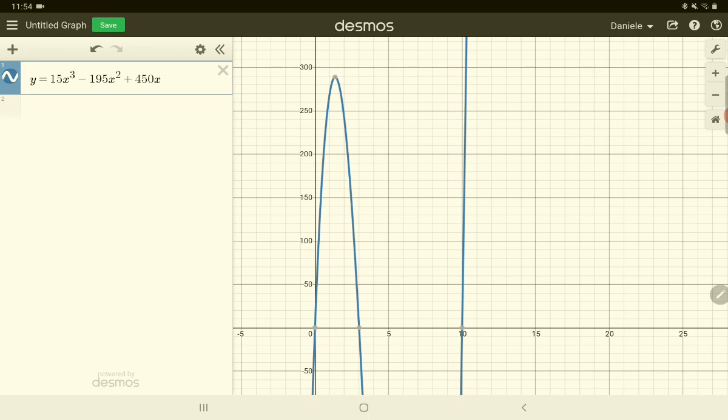I'm not concerned with anything beyond 10, because in this situation it would just stay on top of the surface of the water, even though mathematically the curve would continue. In real life, it would just stop at the surface. So from this, you can tell that the only x values that matter to us, and what the domain is, is from 0 to 10.